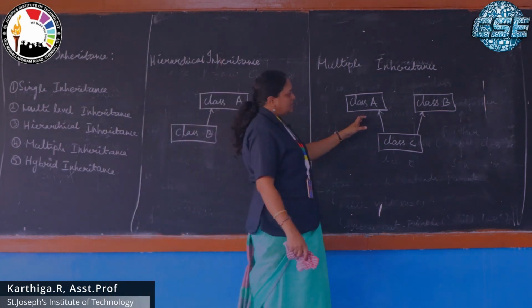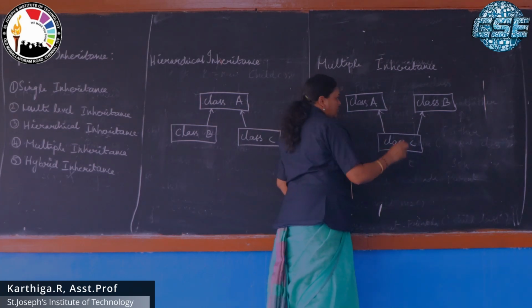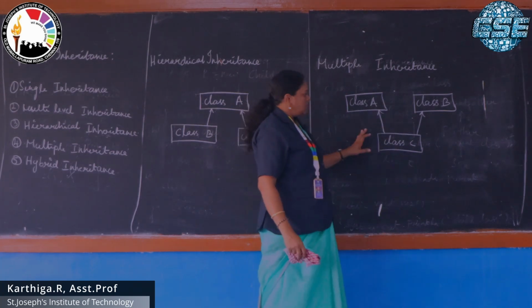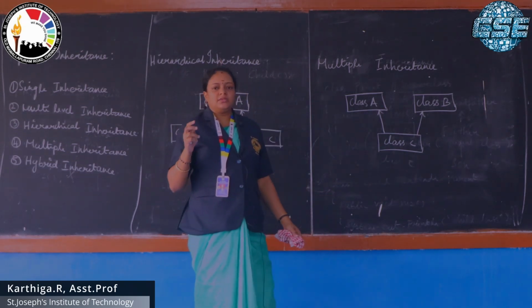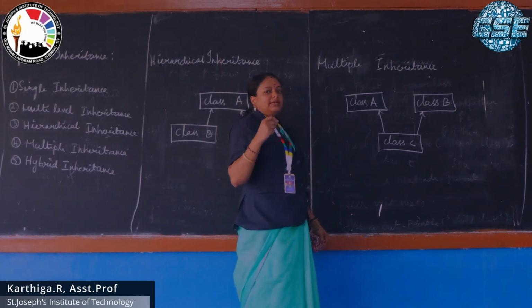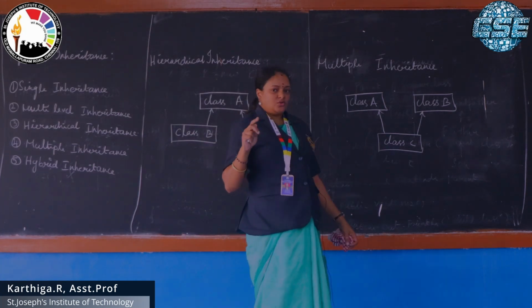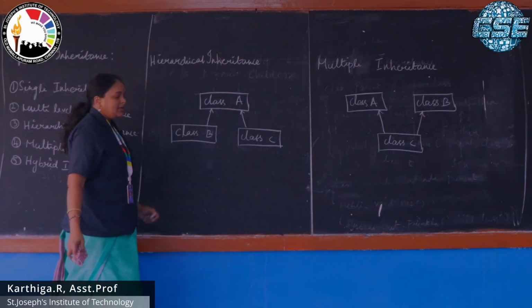So it has two parent, one child. Okay, two parent, one child. So in Java, multiple inheritance will not be supported. Okay, it will be supported indirectly by using interface concept. Okay, now we are going to see hybrid inheritance.